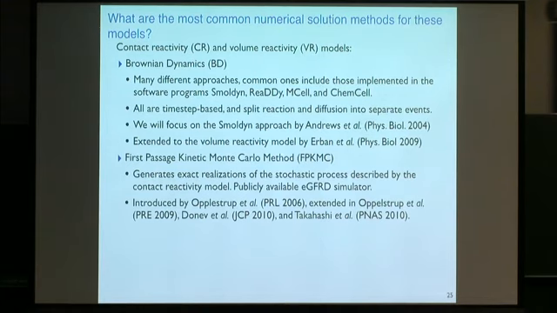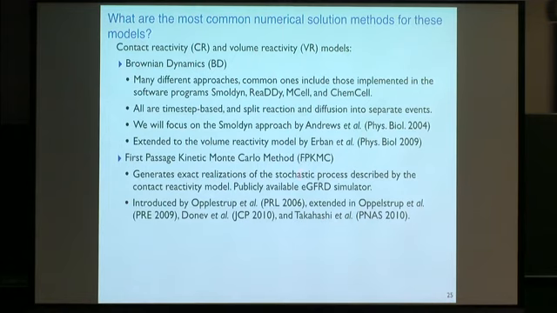Now, this is a time-step-based method, so there's a numerical error. There's actually an exact method for the contact reactivity model that you can use, called the first passage kinetic Monte Carlo method. There's also a method called EGFRD, and this is a little confusing because there was something called GFRD, which was not an exact algorithm. It had a slight numerical assumption built into it.